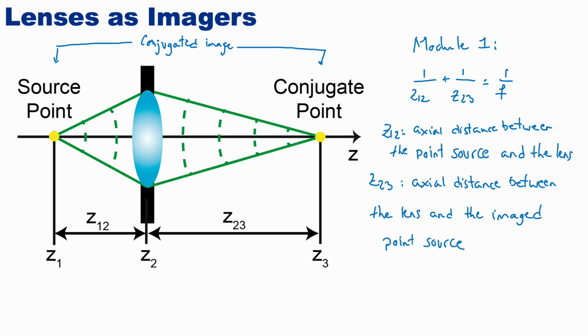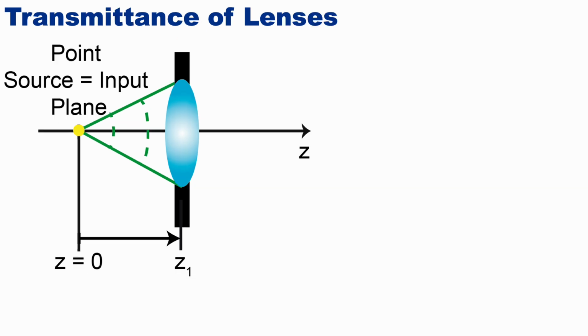In this class we're going to show that lenses don't only perform images, but they also do Fourier transforms. But before talking about this, we need to define the transmittance of a lens. If we start here from z equal to 0, that's going to be our input.